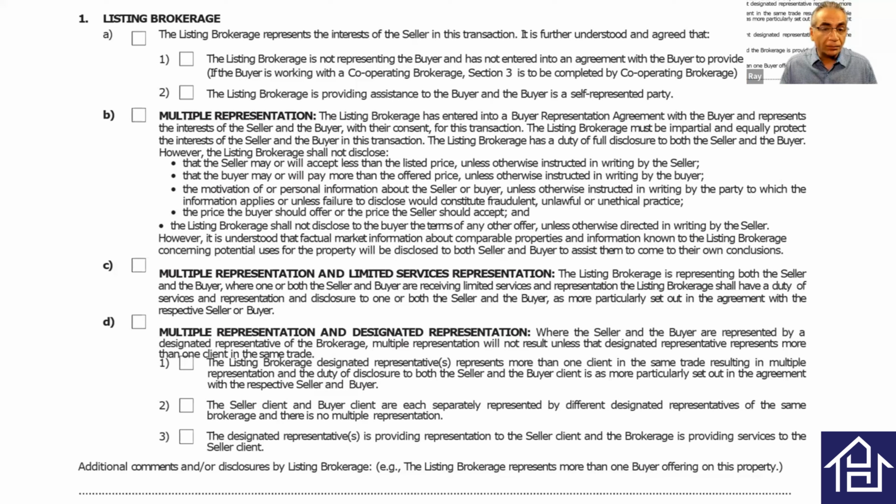So just like before, you're going to select 1A if you're the listing salesperson and not representing the other side. And number 1, obviously, if the buyer is not your client and you're not representing them. And number 2, if the buyer doesn't have any representation whatsoever.